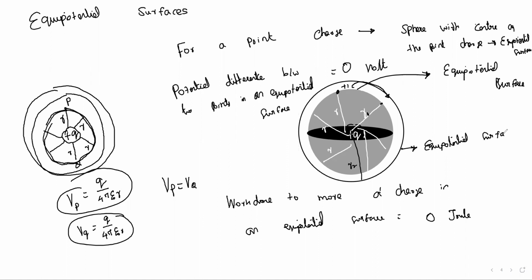So if you want to move a charge from here to here, you should do work. From one equipotential surface to another equipotential surface, you need to do work. But within an equipotential surface, you don't need to do any work. That's the concept.